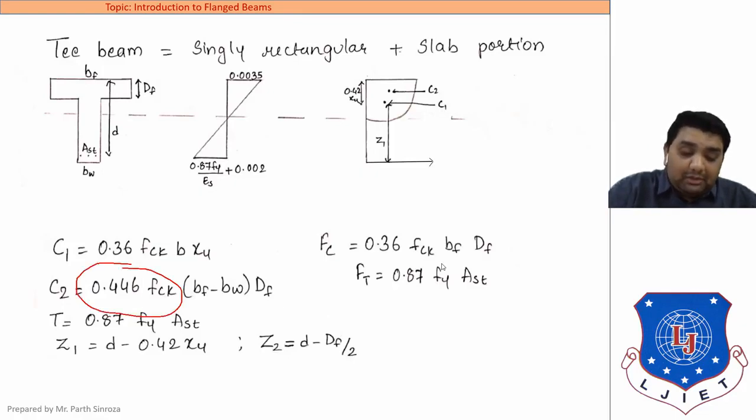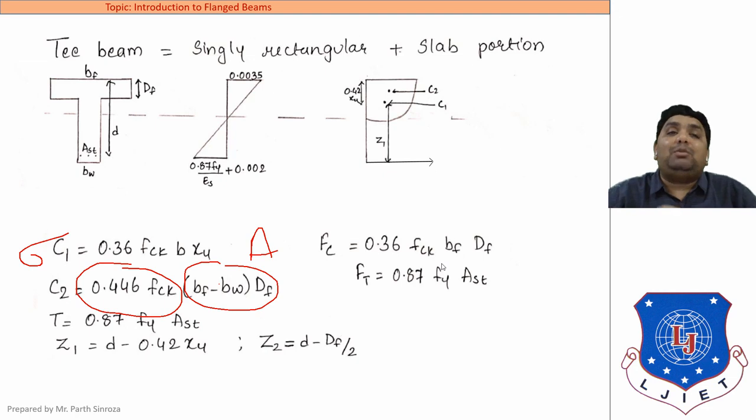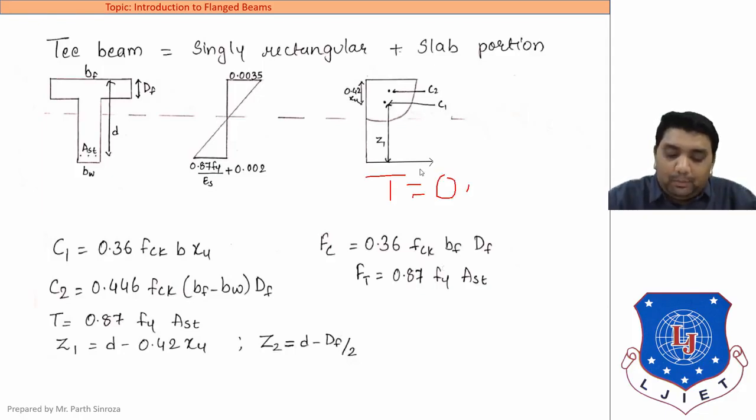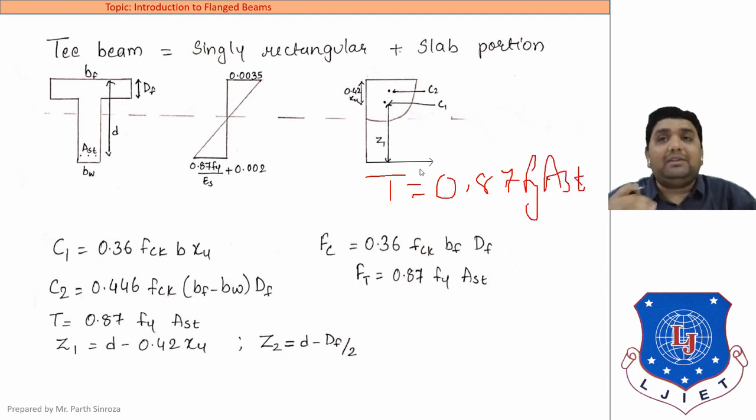This portion is our stress sigma and this portion is our area A, so force is equal to sigma into A. Now moving on to the tension part, that is our capital T. As steel is provided only in one section, T will be equal to 0.87 fy Ast, which we have already seen in the previous chapters.